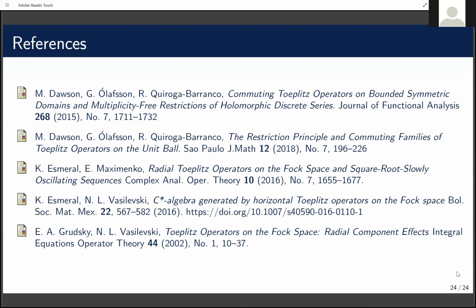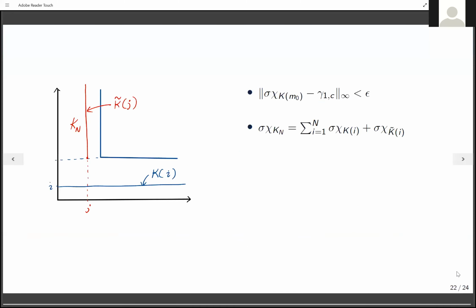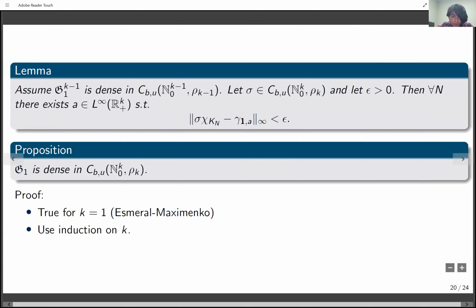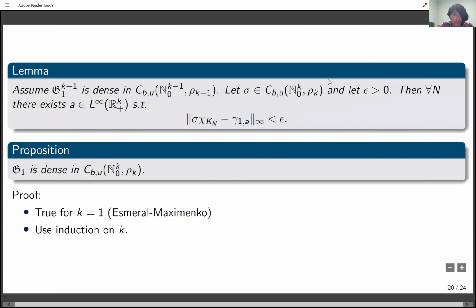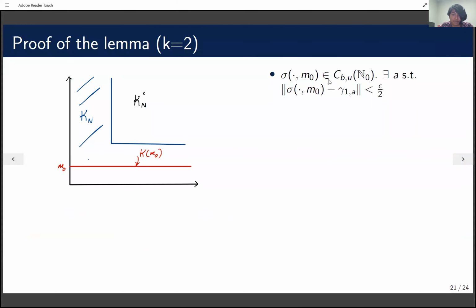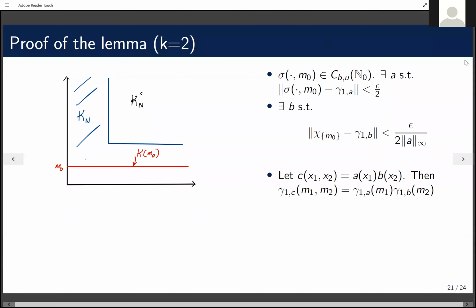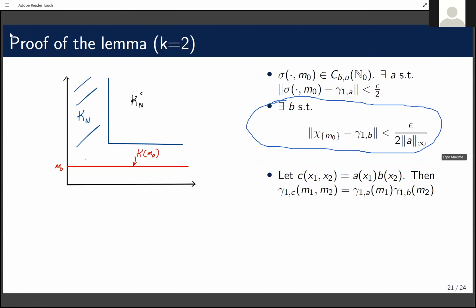I like your lemma on page 21. Could you please show it? Yeah, this one, the approximation of the characteristic function.